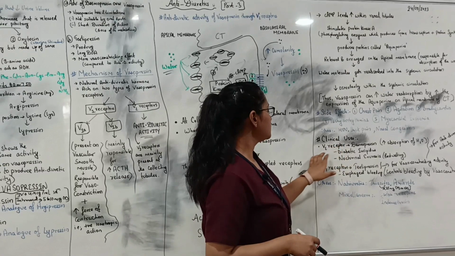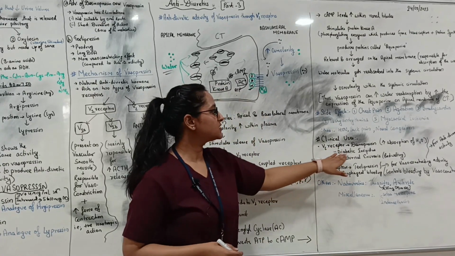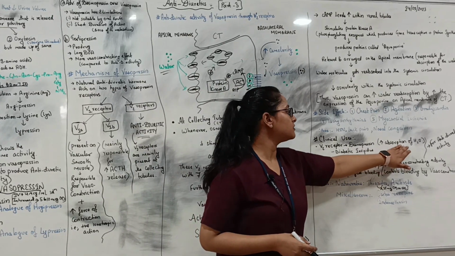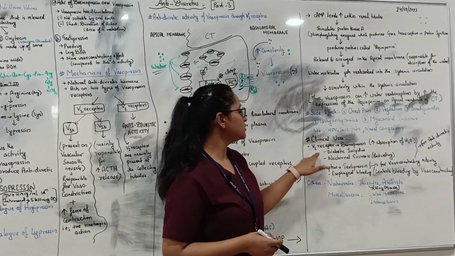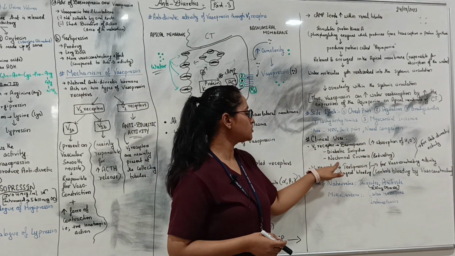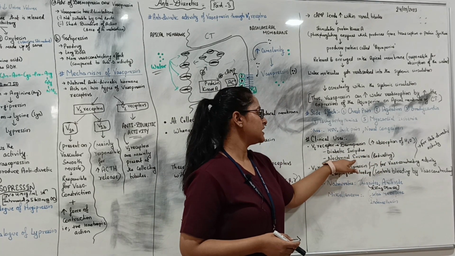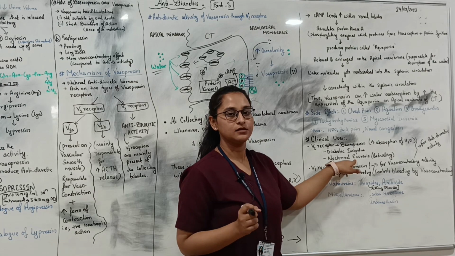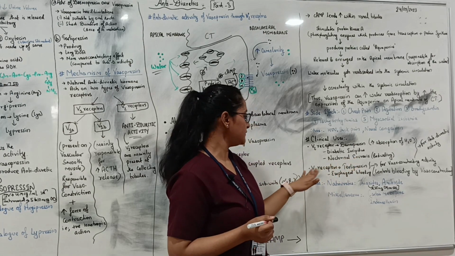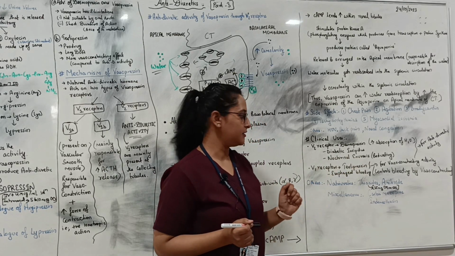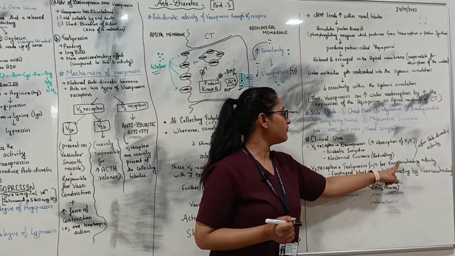Clinical uses: for the V2 receptor, desmopressin is the preferred drug of choice because it increases the absorption of water. It is used in diabetes insipidus and nocturnal enuresis, which is bedwetting, meaning loss of control of the bladder during the night. For V1 receptors, terlipressin is more preferred because it has vasoconstricting activity.